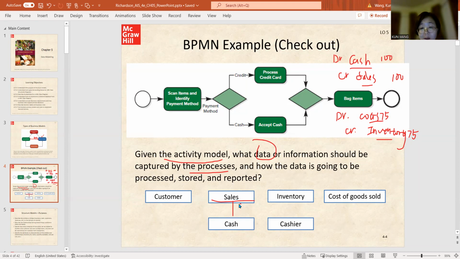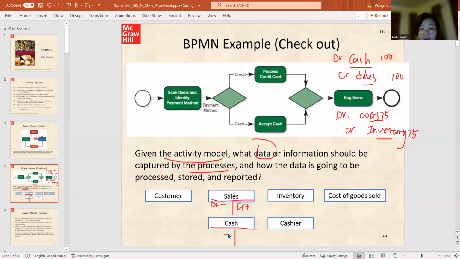We know the increase is on the credit for sales revenue, and debit is on the minus. Then the cash account: the left side is plus and the right side is minus. So these two are matching. We have 100 captured here and cash captured here.